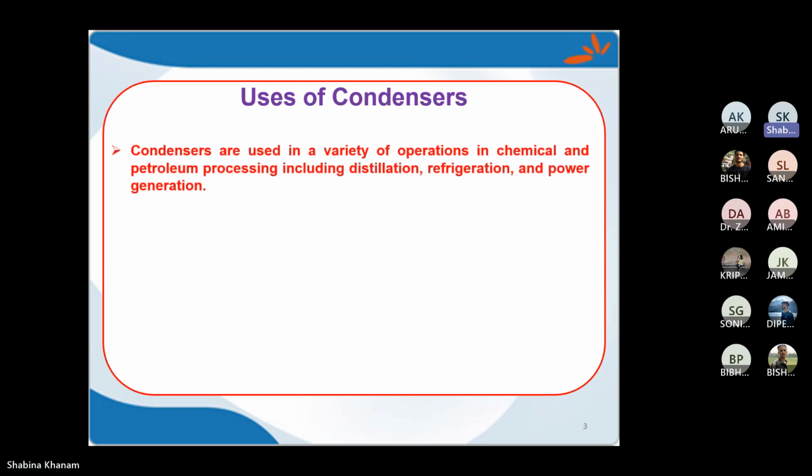The first use, which everybody knows being a chemical engineer, is in distillation. Other usages are in refrigeration and in power cycles. These are used widely in chemical and petrochemical industries wherever I have units like distillation, refrigeration, and power generation.